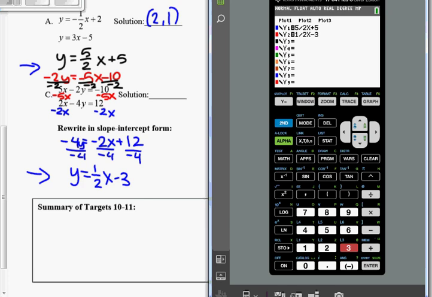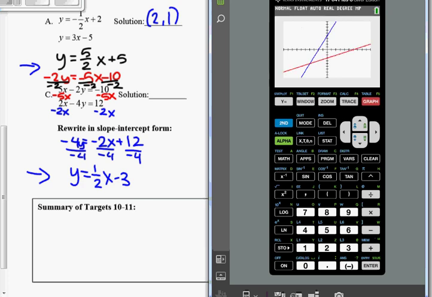To graph, we hit the graph button in the upper right. We need to find where these two lines intersect, so we do second trace. And we go down to number 5, or just type in the number 5 for intersect. Hit enter for your first curve, enter for your second curve, enter for your guess, and our intersection is negative 4, negative 5.